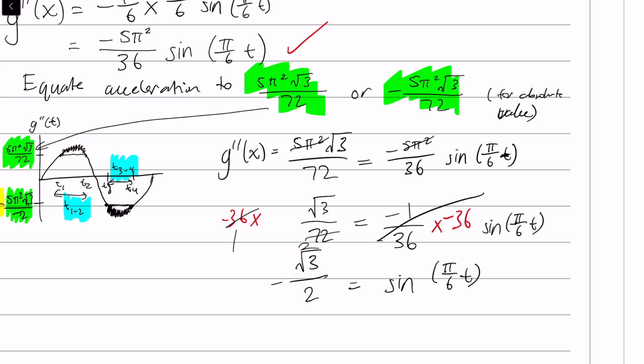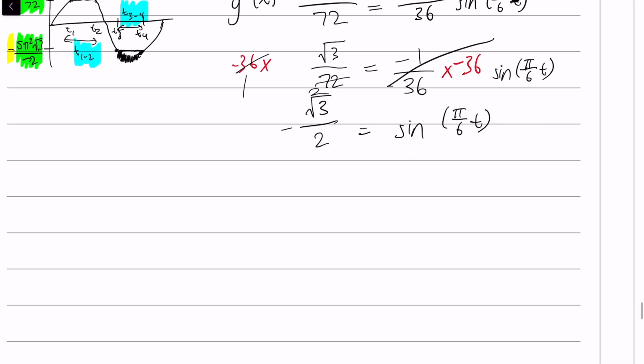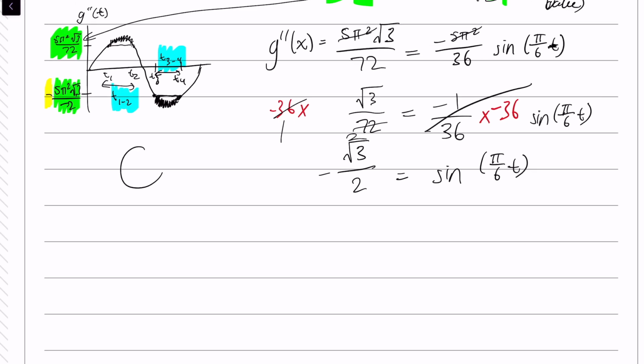Okay, and then from that, I need to be thinking about my unit circle and think about which values of sine, which are our y values, are going to be negative.